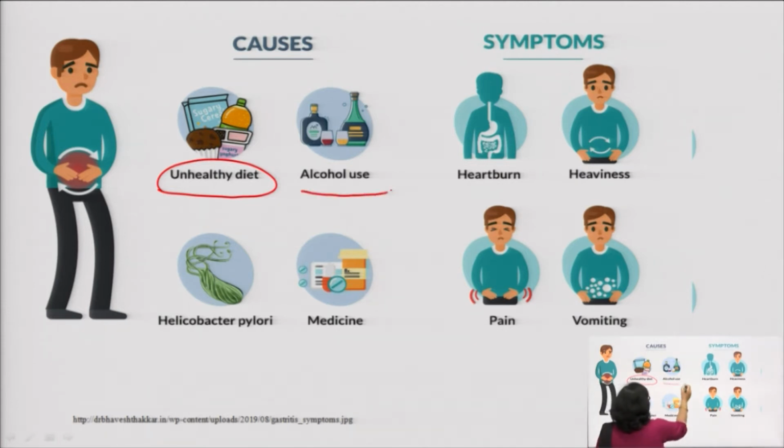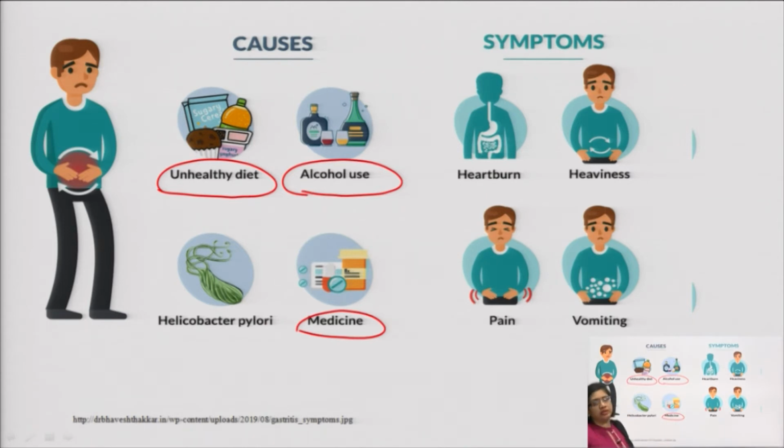Then alcohol use, if you are using too much alcohol. Then some medicines like non-steroidal anti-inflammatory drugs may cause peptic ulcer on longer use, and Helicobacter pylori infection may also cause peptic ulcer.